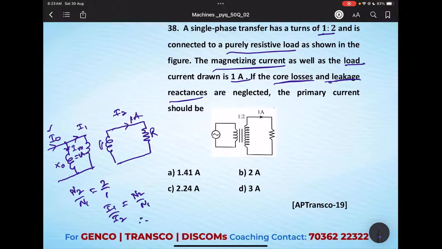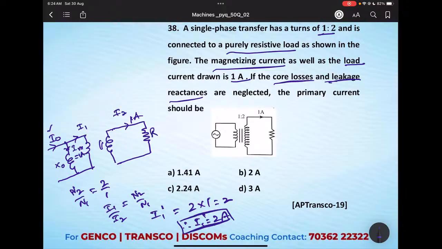Therefore, if you transfer the secondary to the primary, the current referred to the primary side is N2 by N1, which is 2, times I2, which is 1, so it will be 2. Therefore, I1 dash equals 2 amperes.